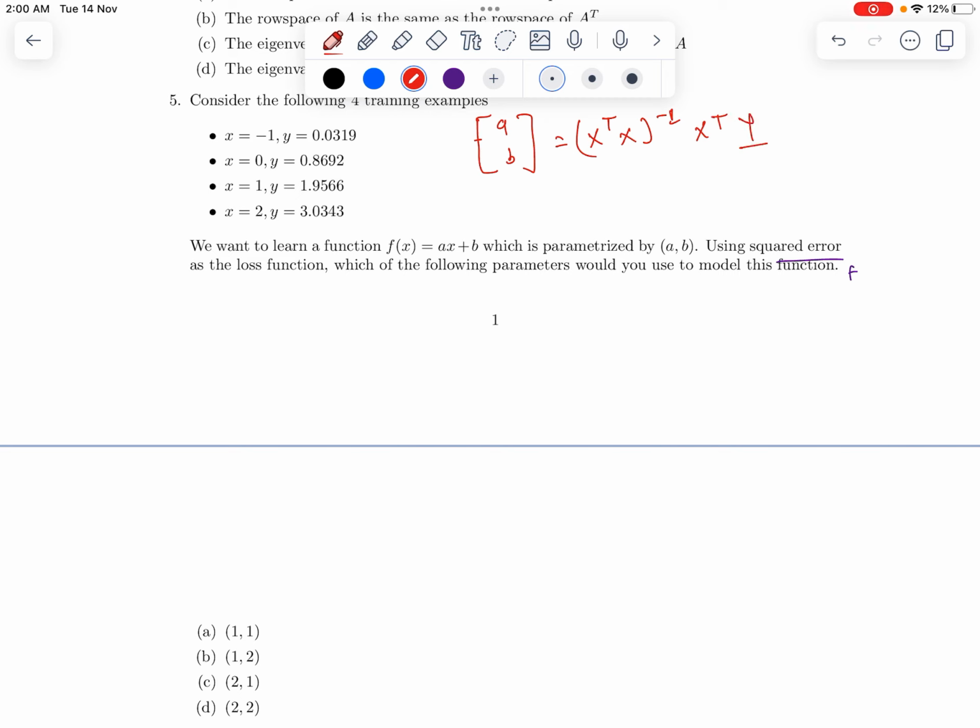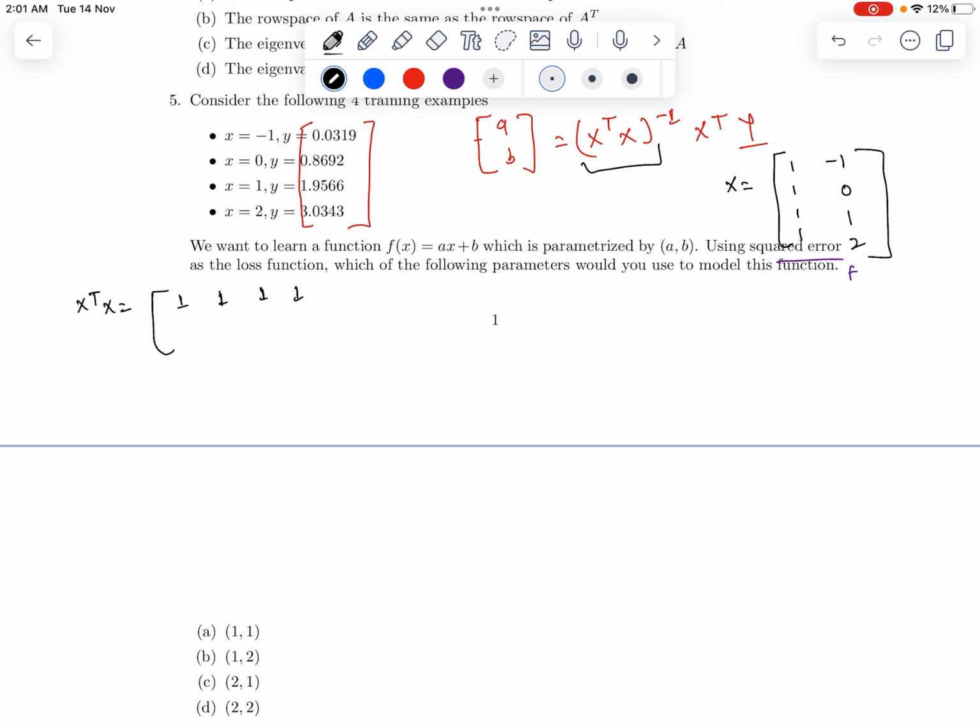So y is this vector, and X is 1 1 1 1 and minus 1 0 1 2. So this is your X matrix. Let's first find X transpose X. X transpose is 1 1 1 1 and minus 1 0 1 2, and you will multiply it with X.